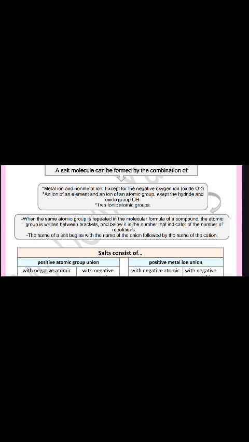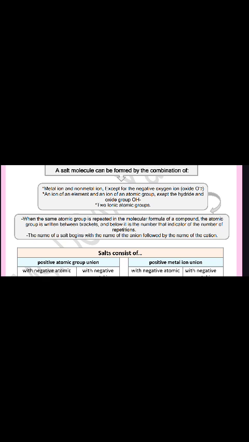And there are other ions of atomic groups, as we have positive atomic groups like the ammonium group, and we have negative atomic groups like we've mentioned before: hydroxide group, carbonate group, nitrate group, nitrite group, and so on.